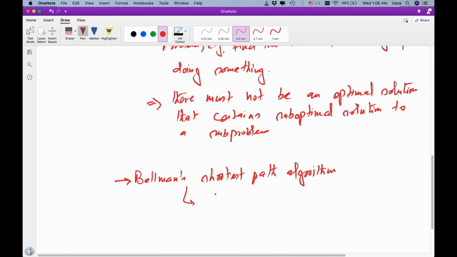It was not distributed, because we know distance vector routing algorithm is distributed in nature, right? So initially, it was a centralized distance vector algorithm.